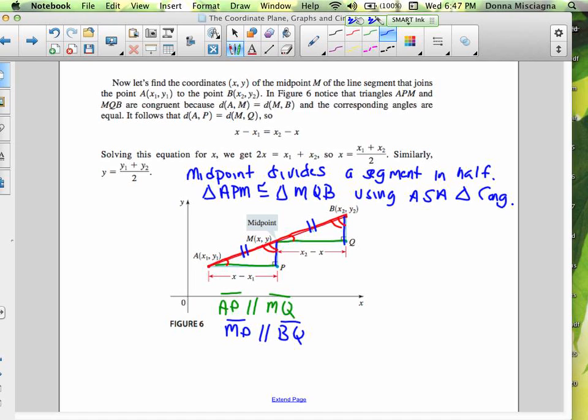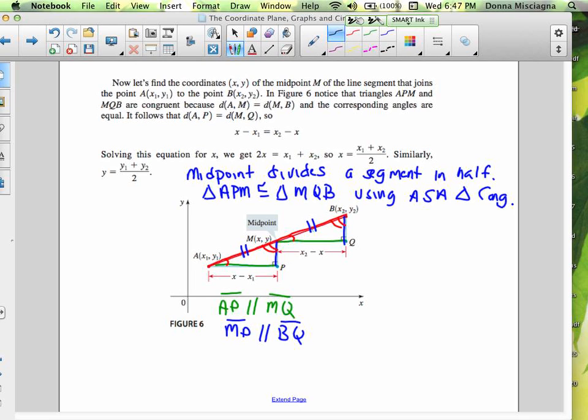Well, notice we've got some coordinates in there. So let's see if we can use the coordinates to solve for a formula to find what x and y are.